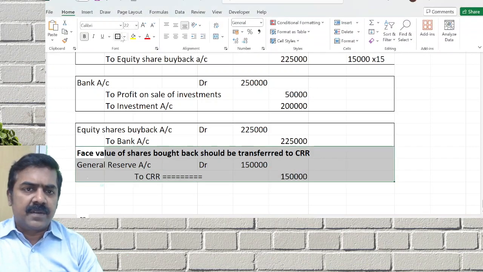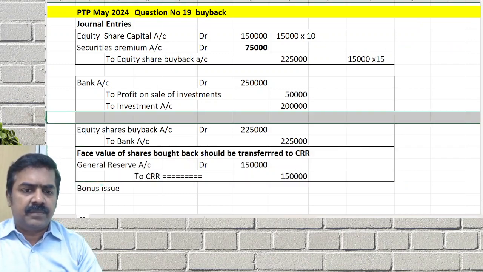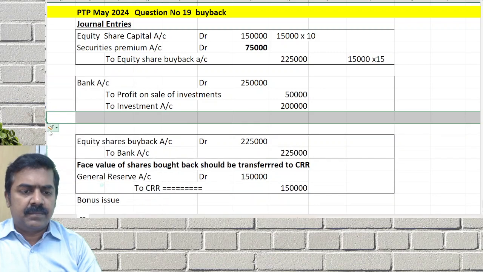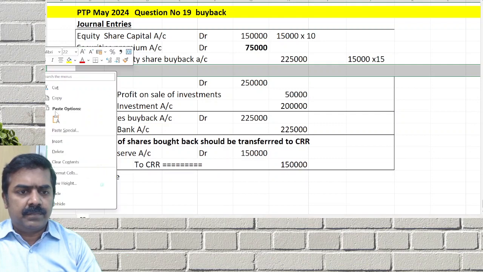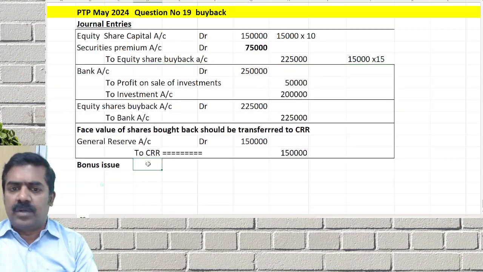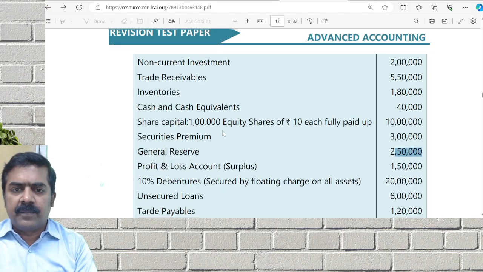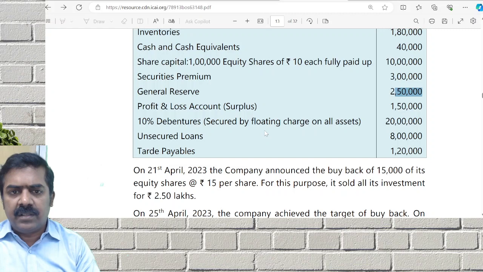Then what happens? The company makes a bonus issue for existing shareholders. How many equity shares are there? Look at the balance sheet. How many equity shares are there in the balance sheet?